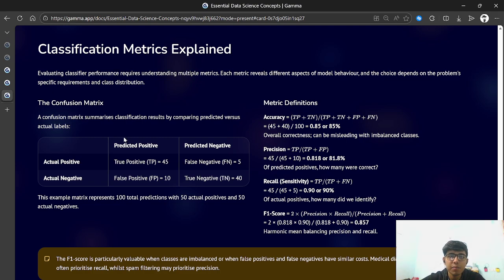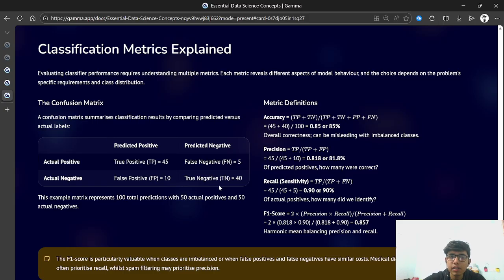As you can see, there is a predicted positive, a predicted negative, an actual positive and an actual negative, the intersections of which are the true positive, the false negative, the false positive, and the true negative. Accuracy is basically the proportion of total predictions that the model has gotten correct.